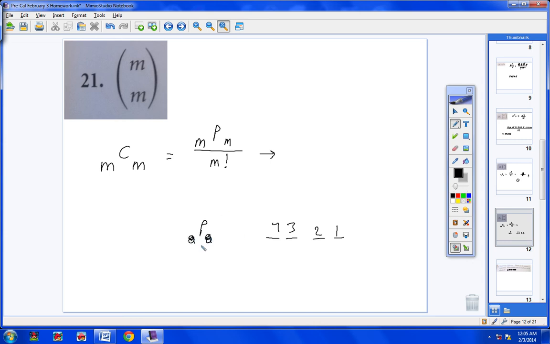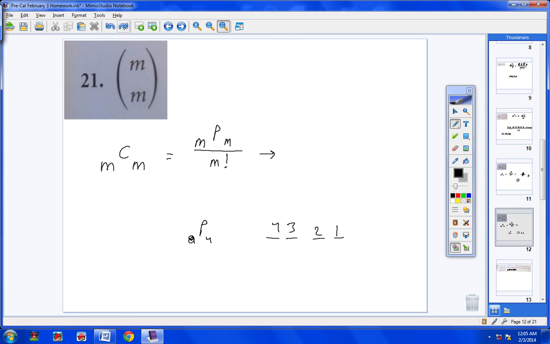Let's say I had 8 and 8. Well, that means I put 8 blanks, and that would start off with 8 options, 7, 6, 5, 4, 3, 2, 1. So 8 factorial. In other words, when you have 4 and 4 right here, the answer to this is 4 factorial.